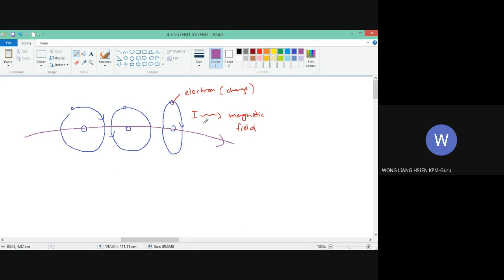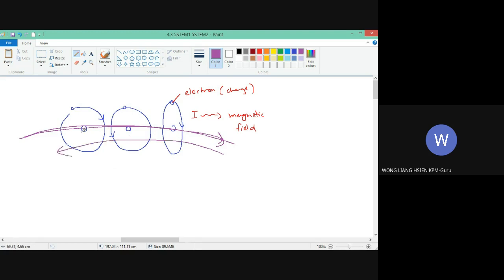However, this magnetic flux is produced by alternating current. That means the magnetic flux becomes strong, then weak, then zero, then stronger again but in the opposite direction.